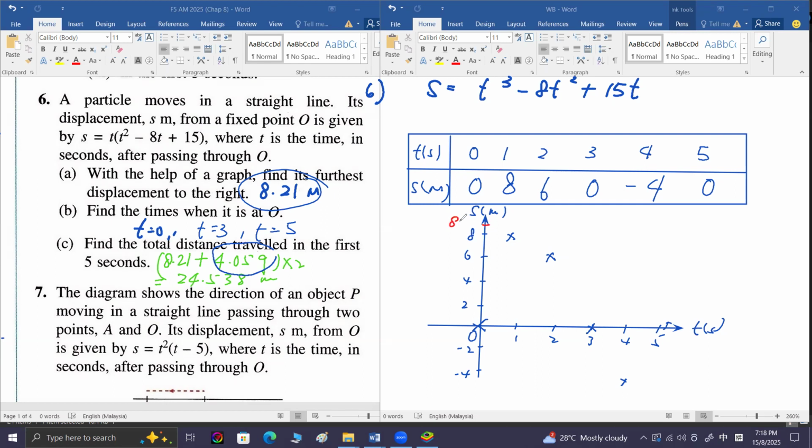Forgot already. 8.21, yeah. Another one that I have shown you is how I get negative 4.059 from the ds/dt. So you get the extra value of this and the extra value of this. Okay, then see your graph.